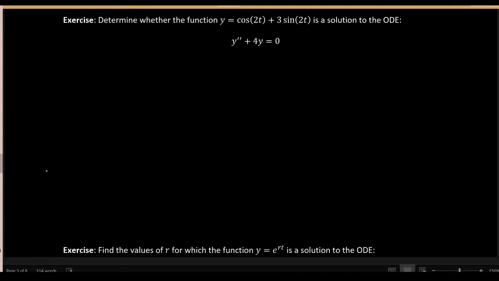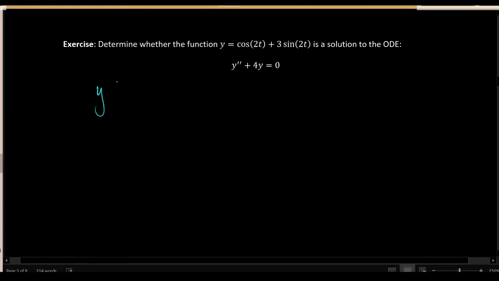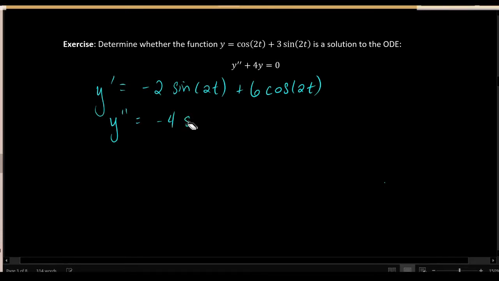So first, let's figure out what y double prime would be equal to for this particular function. y prime, the first derivative, would be equal to negative 2 sine 2t plus 6 cosine 2t, and y double prime would be equal to negative 4 cosine 2t minus 12 sine 2t.